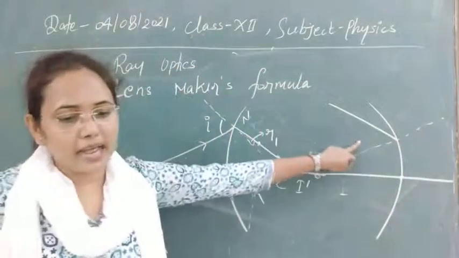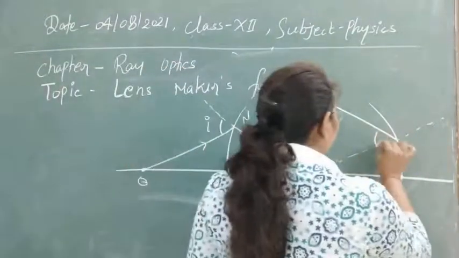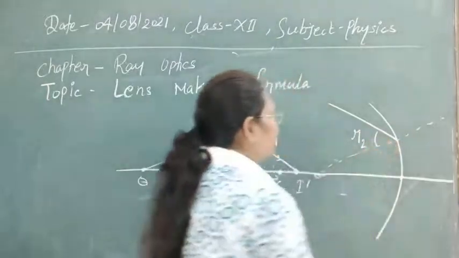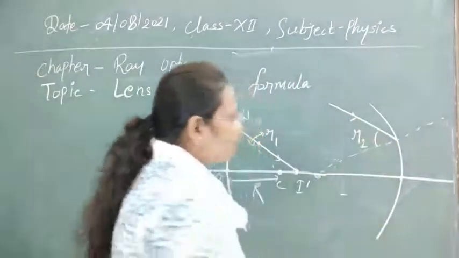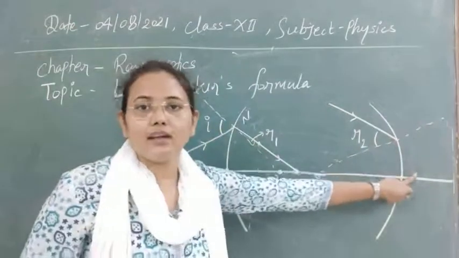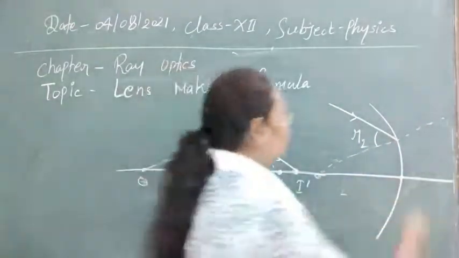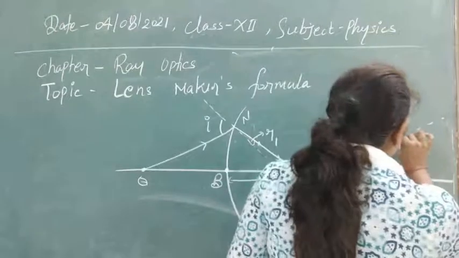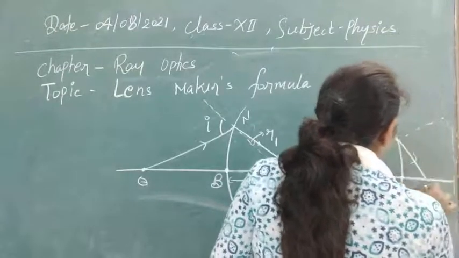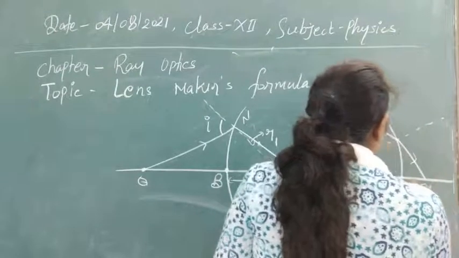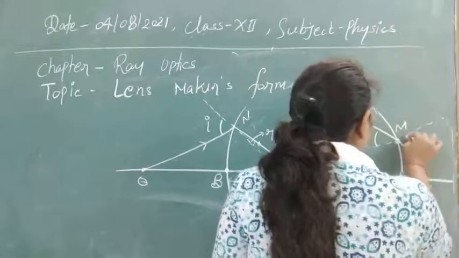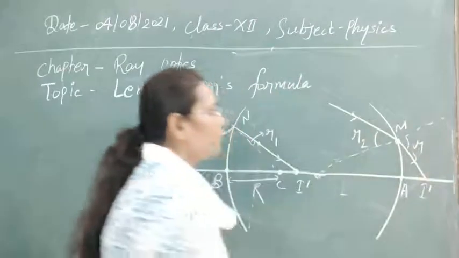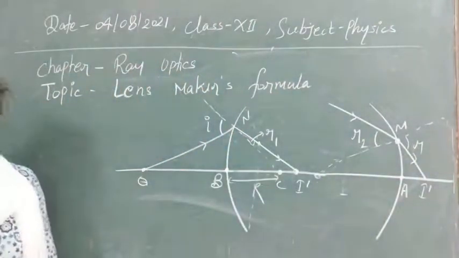This will make some angle, suppose R2, which is the incident angle on the second surface, and after refraction it will go on to form the image. This is the image I. Suppose this is our point A, this is our point M, and the angle the ray makes from the normal is the final angle of refraction R.